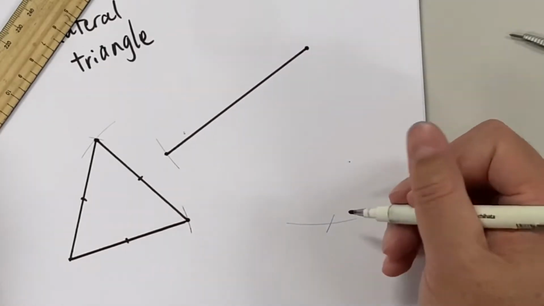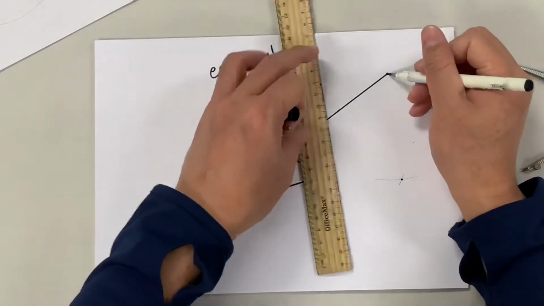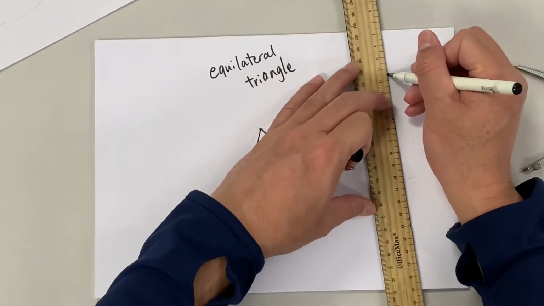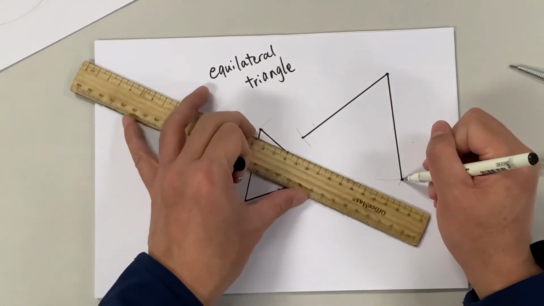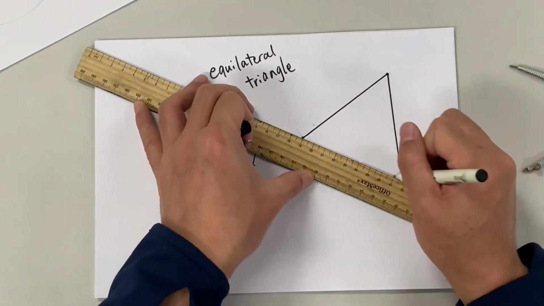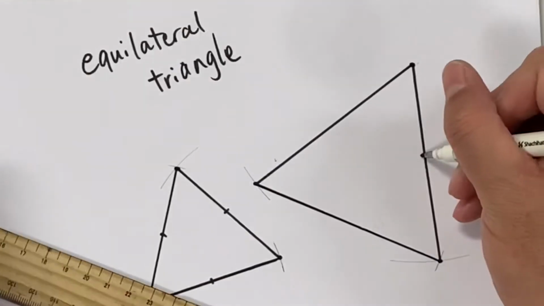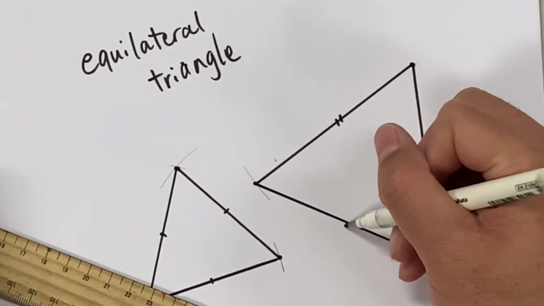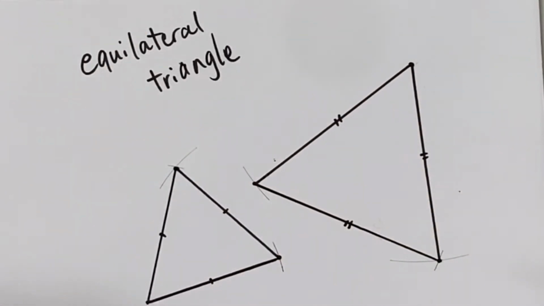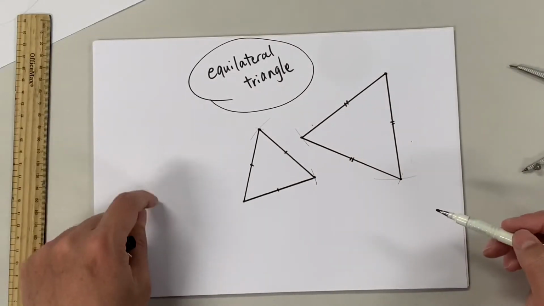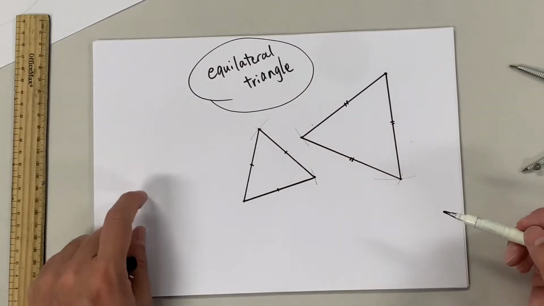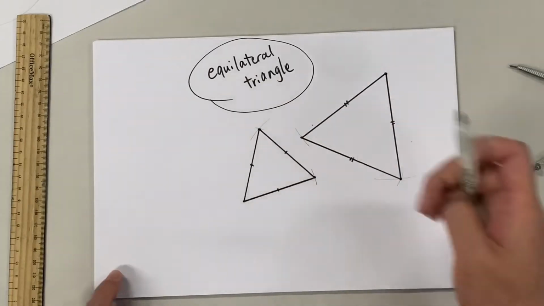Where two arcs meet, that's the last corner of this equilateral triangle. So these three sides have the same length. So now it's your turn. Give it a shot. See if you can draw an equilateral triangle.